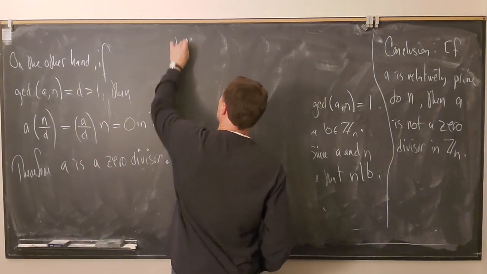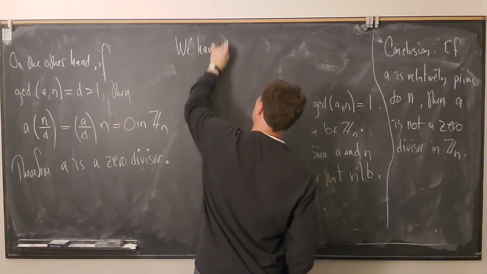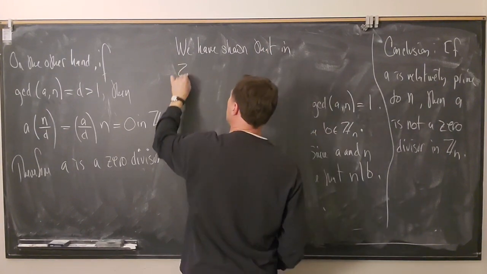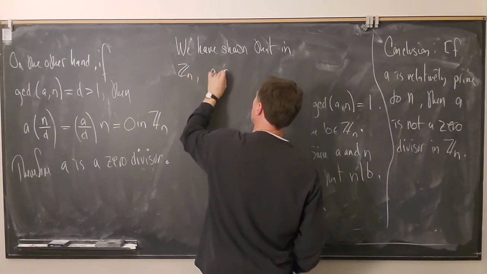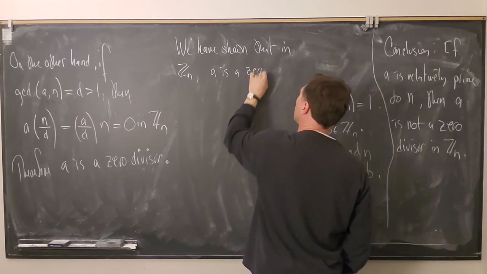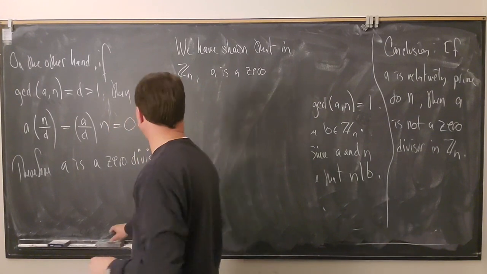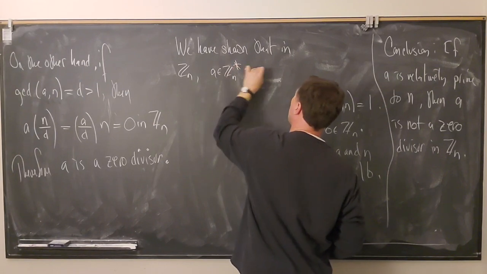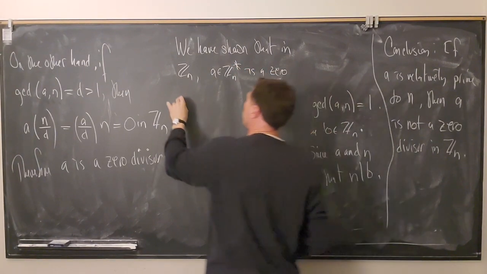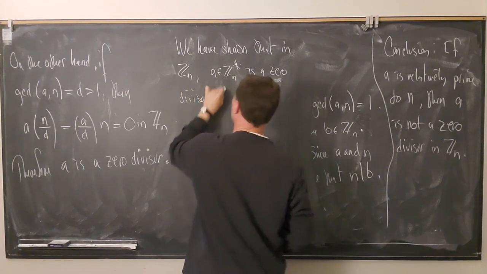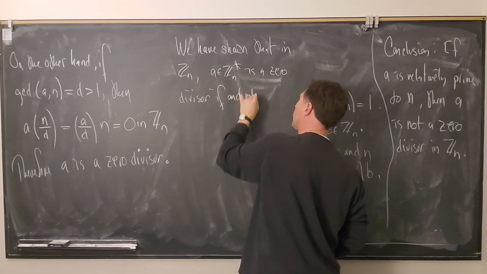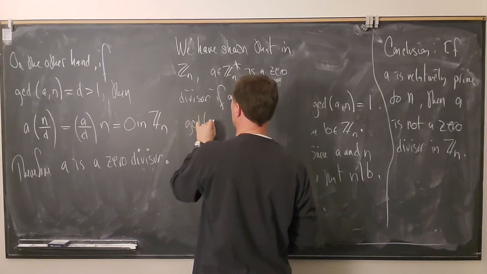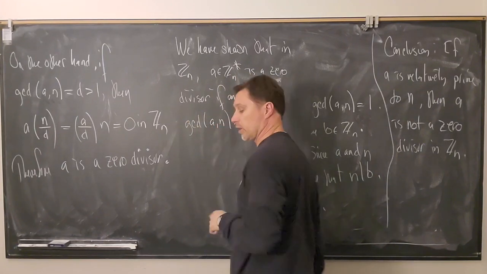So we have shown that in Zn, for non-zero A, A in Zn star is a zero divisor if and only if GCD of A and n is strictly greater than 1.